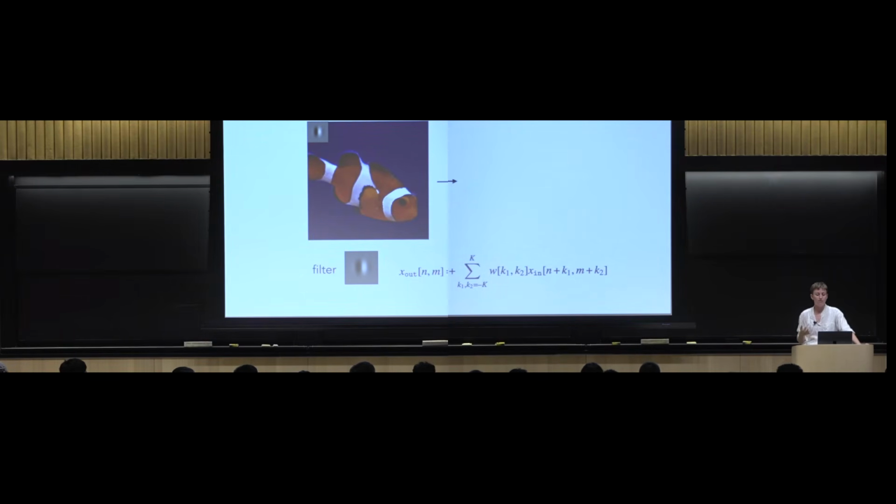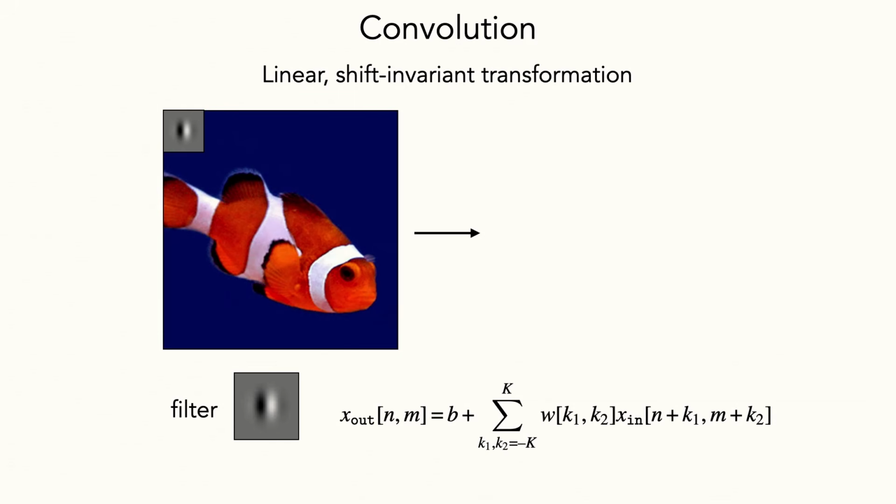And here, the filter is the weights we use to take that linear weighted sum. Mathematically, the output for a given location when applying the filter is some bias plus a linear combination of the filter weight for that coordinate times the pixel value for that coordinate in the image, summed over all the filter weights and all the pixels in the patch.